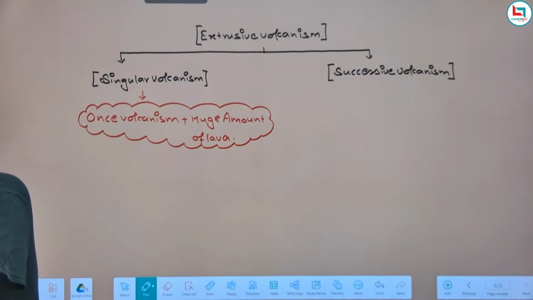Remember, more than 35 lakh tons of lava came out from it, and the ash was in huge amount. For 6 months a huge concentration of ash was there in the atmosphere, and the sun was not visible over the earth.